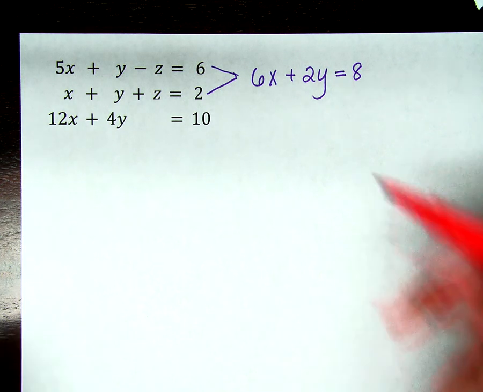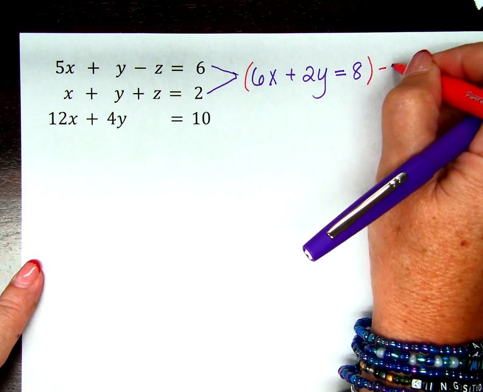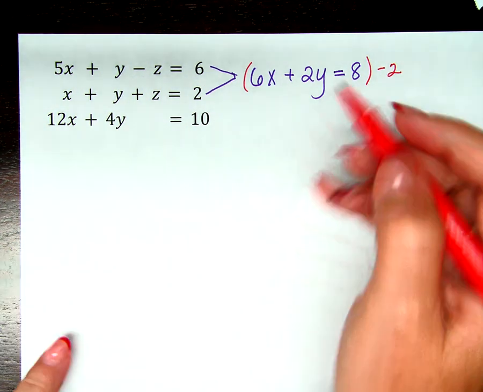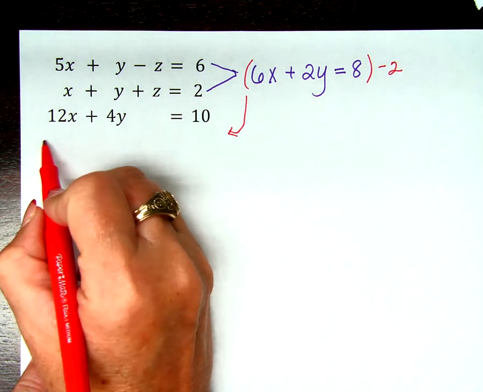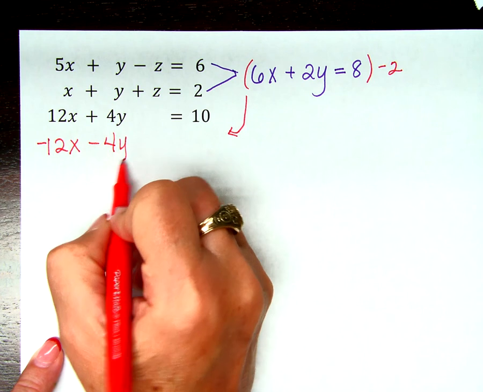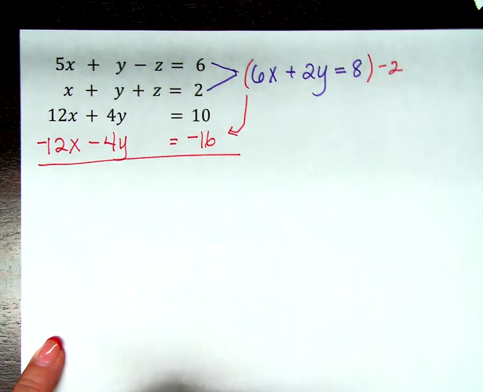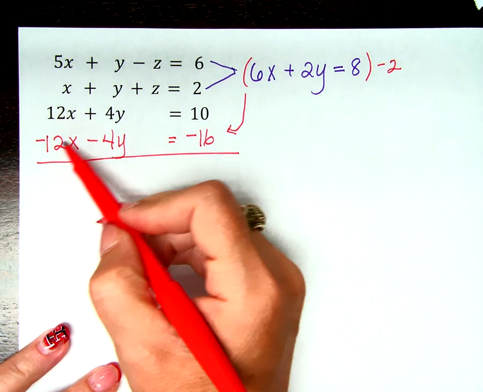Y, okay. So if I'm eliminating y, what do I need to multiply this equation by? Negative 2. Why negative 2? They got to be opposite signs, right? So is it okay with you if I write it right there? So I get negative 12x minus 4y equals negative 16. What happens?